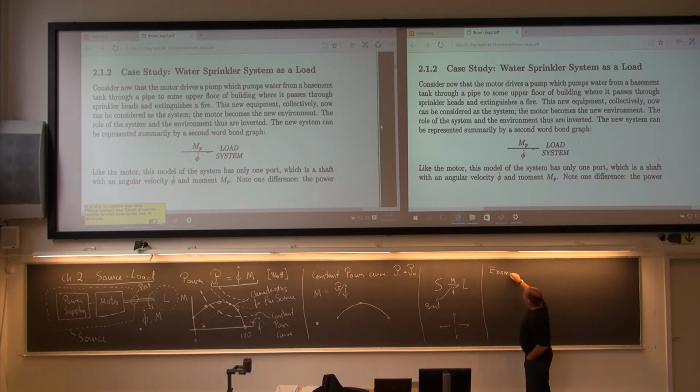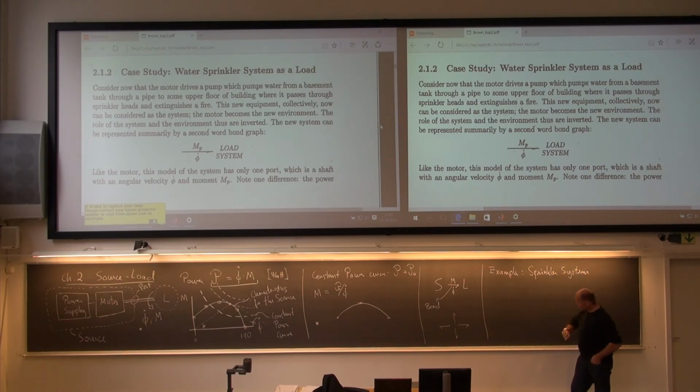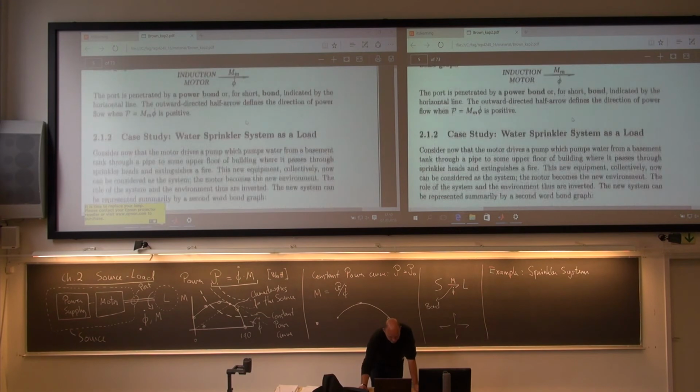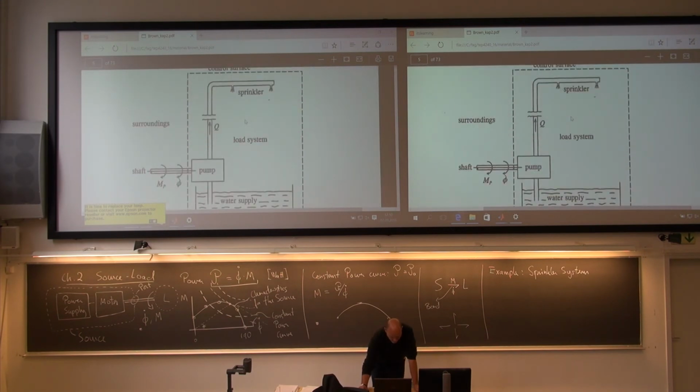Okay, we start up with an example. A sprinkler system. A water sprinkler system. So this is our load.